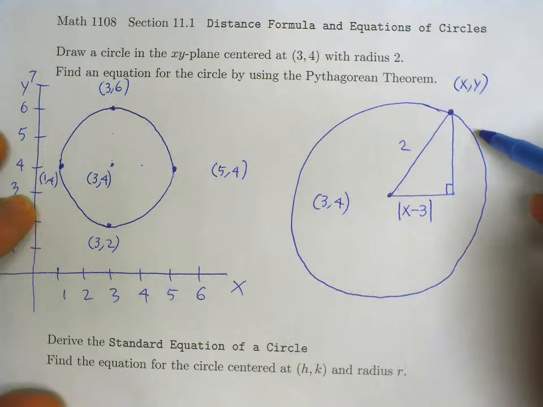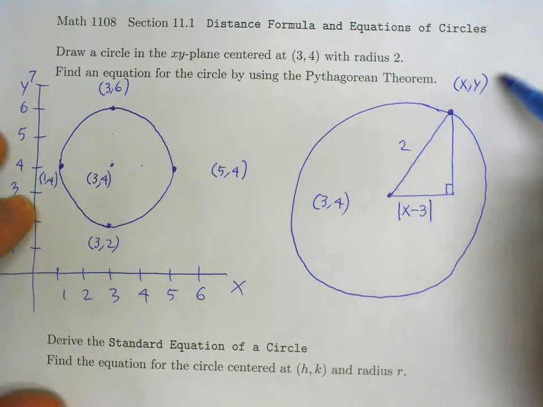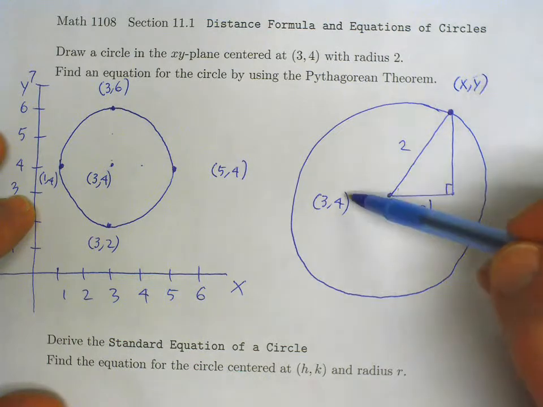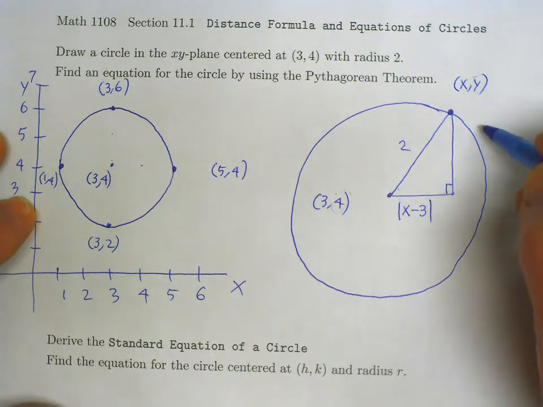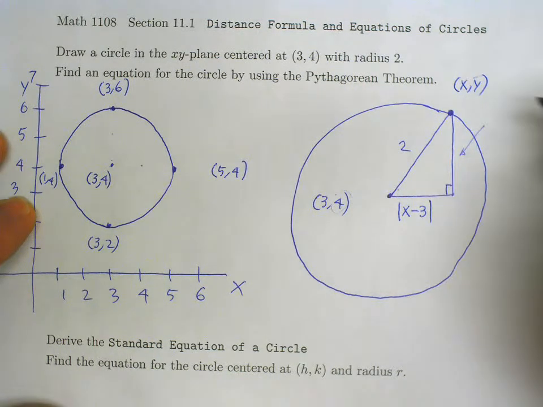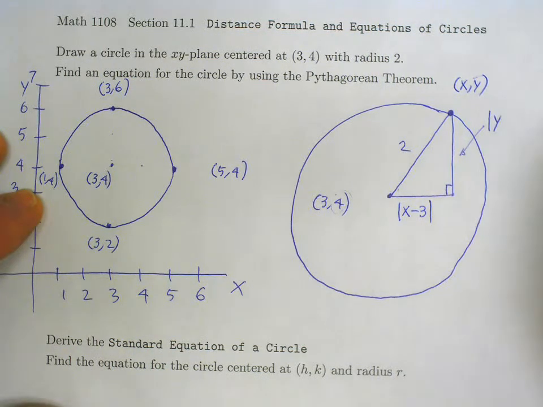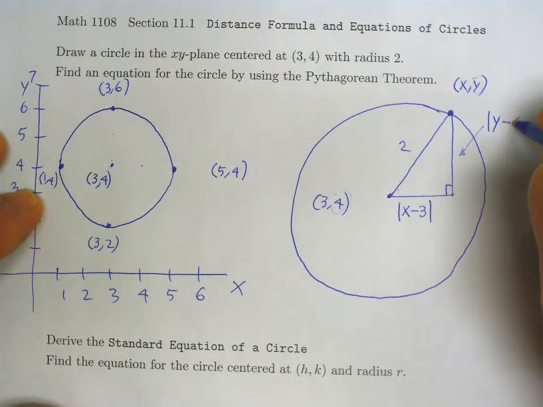And then the vertical side of that right triangle, so this time we consider the y coordinates, y and 4. So the length of that vertical side is the absolute value of y minus 4.